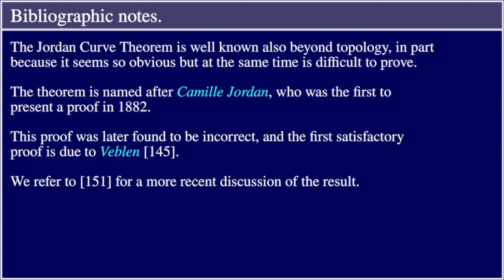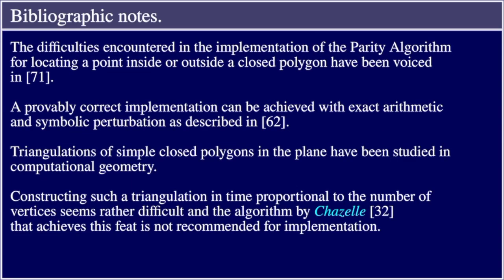We refer to 151 for a more recent discussion of this result. The difficulties encountered in the implementation of the parity algorithm for locating a point inside or outside a closed polygon have been voiced in 71. A provably correct implementation can be achieved with exact arithmetic and symbolic perturbation as described in 62.